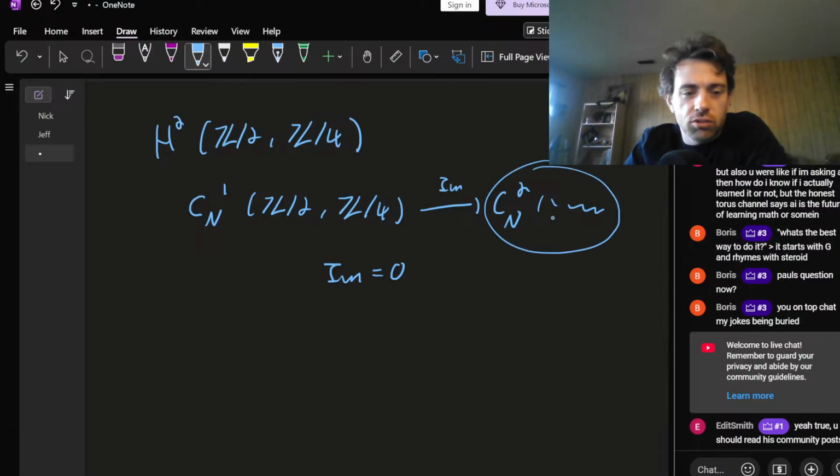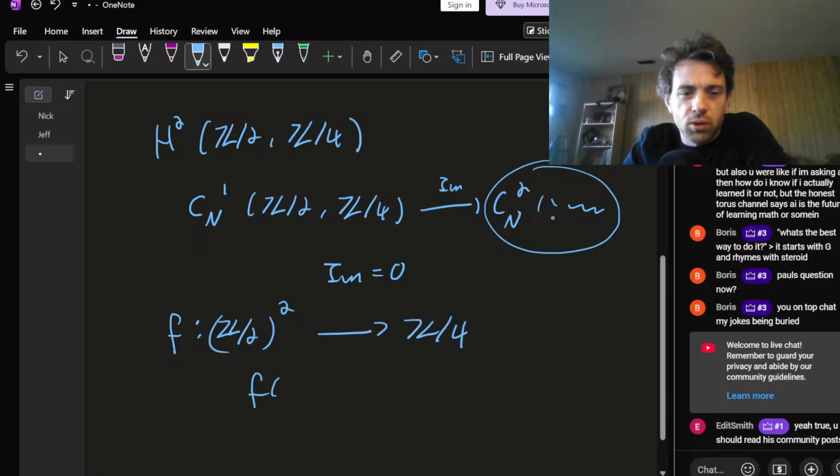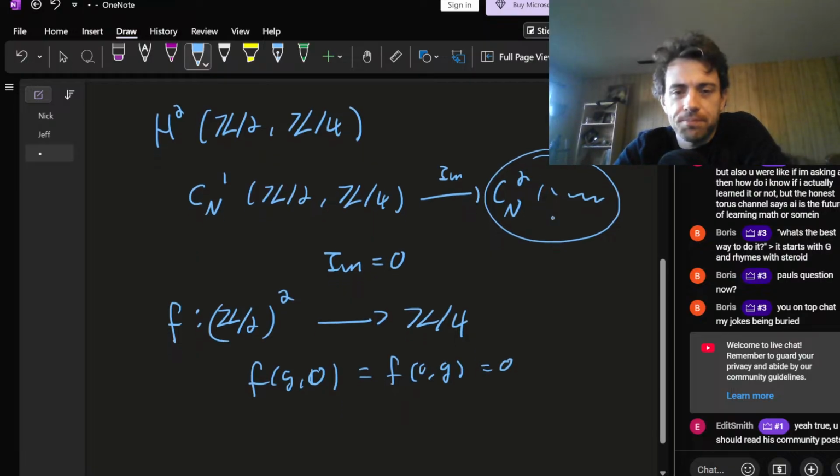And so the second cohomology is just going to be identified with the normalized two chains. So in other words, normalized in this case means we're looking at a function from two copies of Z mod 2 into Z mod 4, where if we have 0 in either component, then the function returns 0.